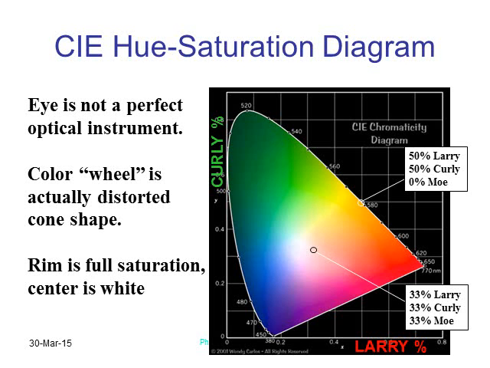Okay? And the eye is not a perfect optical instrument. The color wheel is a distorted cone shape, and the reason is it would be perfect if we had 33% of each of the receptors.